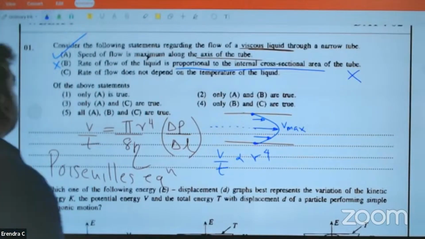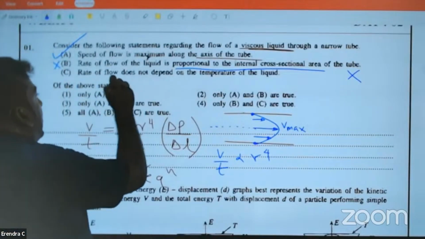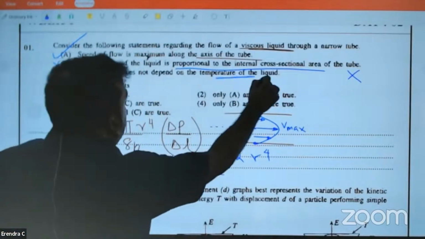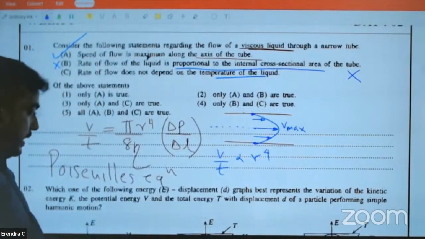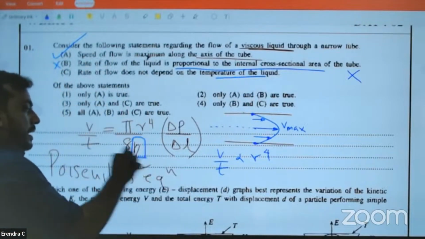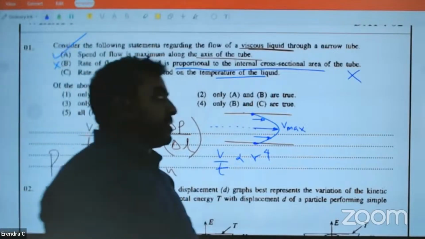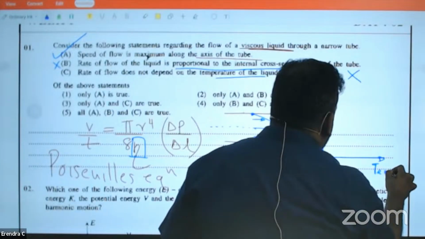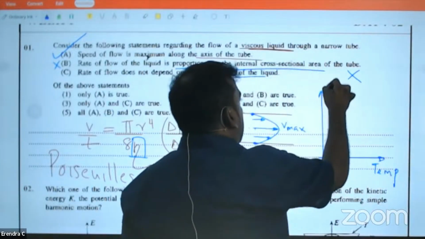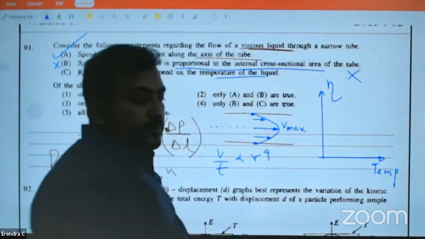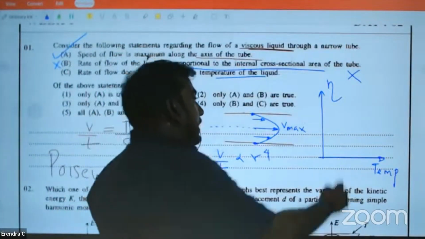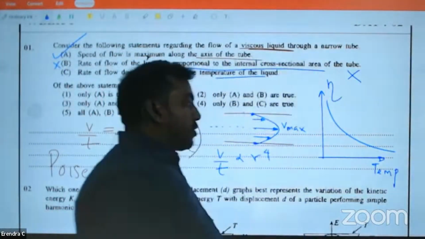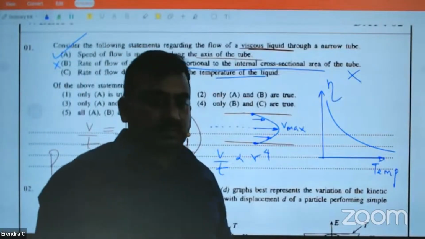Part C: rate of flow does not depend on the temperature of the liquid. Wrong. Remember eta, the coefficient of viscosity, depends on the temperature. If you draw a temperature versus eta graph, as temperature increases, the coefficient of viscosity will reduce.